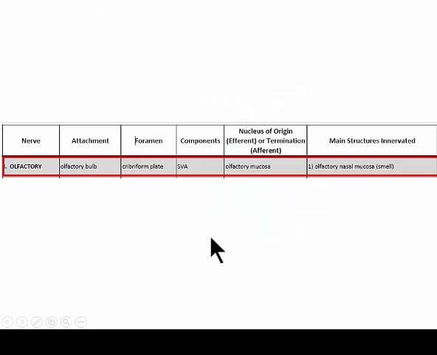All right. We're going to buzz through this old friend, the table again, and look at the central connections quickly. Olfactory nerve is pretty simple, right? Olfactory bulb, cribriform plate. It pierces through the ethmoid bone to innervate the nasal mucosa. Its components are special visceral afferents. It innervates the olfactory mucosa. That's the main structure innervated.